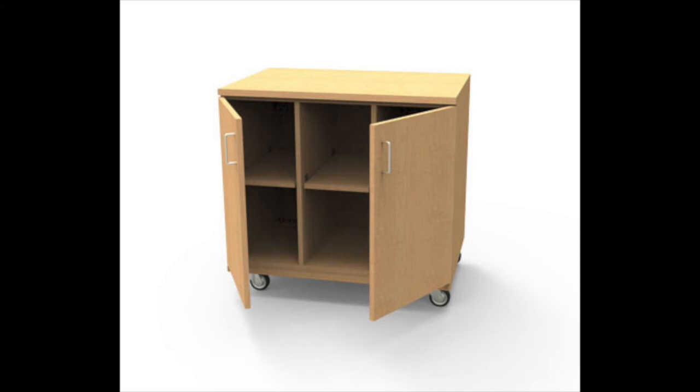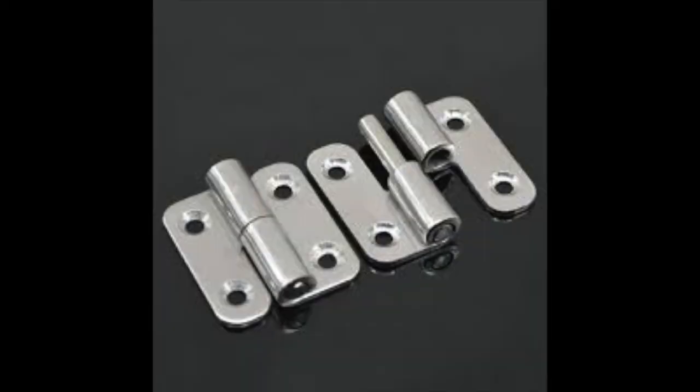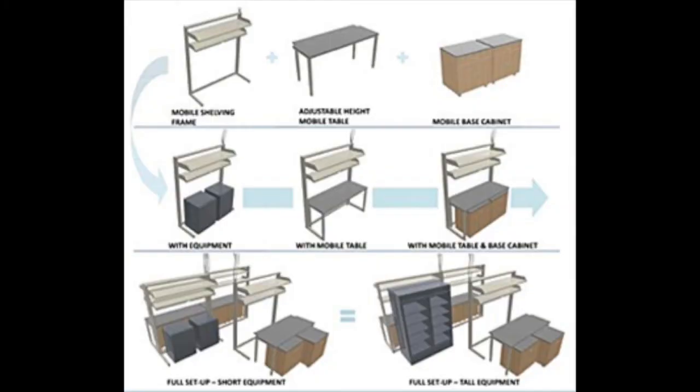Fourth, a mobile base cabinet 75 centimeters high and 90 centimeters wide will be constructed. Fifth, the cabinet will be placed on the platform of the shelving frame and will be attached to the frame using removable door hinges. Sixth, the three main components of the mobile casework will be assembled together with the ability to add or subtract any component easily.